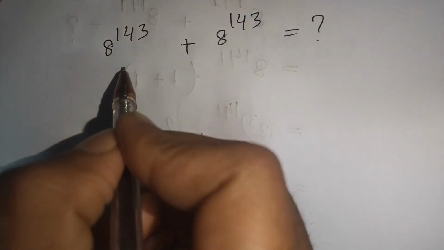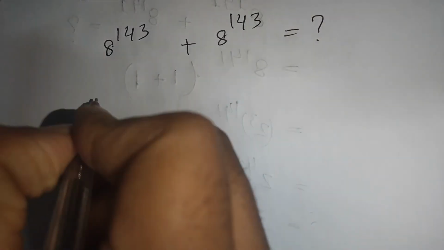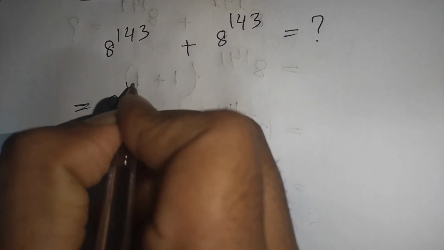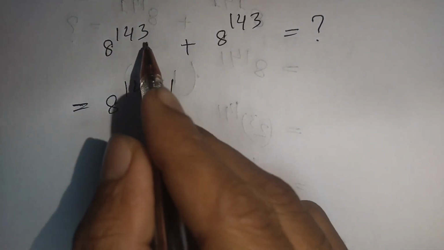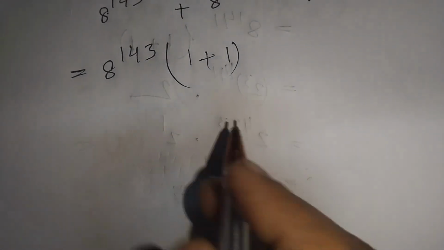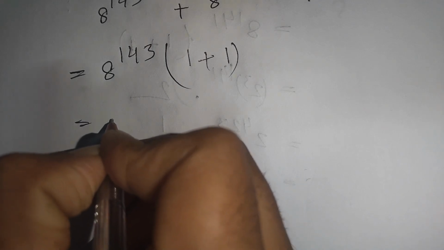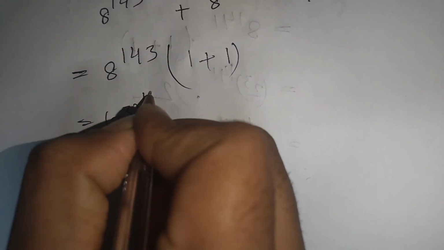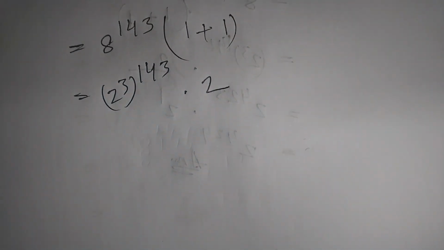How to solve 8 to the power 143 plus 8 to the power 143 is equal to what? At first we take 8 to the power 143 common, first bracket start, this divided by this, that means 1, this divided by this, that means 1. Now 8 to the power 143 is the same as 2 to the power 3 bracket for 143, times 1 plus 1, that means 2.